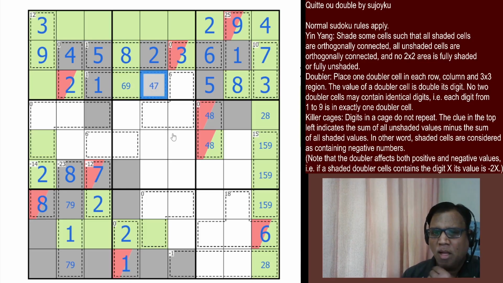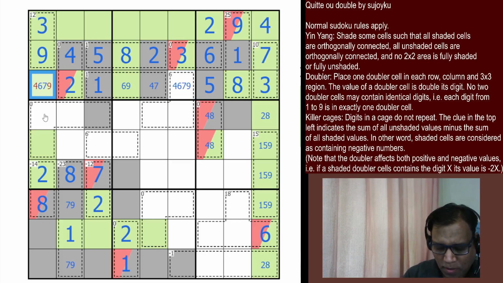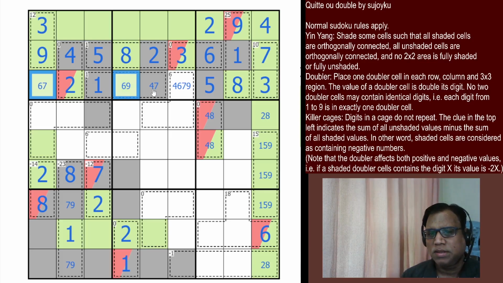Okay. 6, 9, 4, 7. These are also 6, 9, 4, 7, right? 4, 7, 6, 9. Okay, let's just put that 4, 7, 6, 9. But again, you see that 4 and 9 are of no use here. 6, 7, 4, 7, 4, 6, 7. Oh, okay.